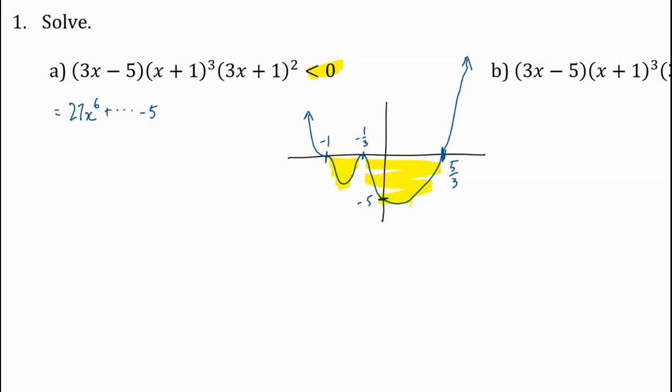I have to write this in two separate answers. So from -1 to -1/3, and from -1/3 to 5/3.